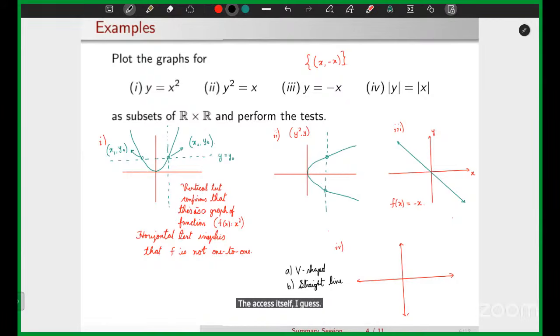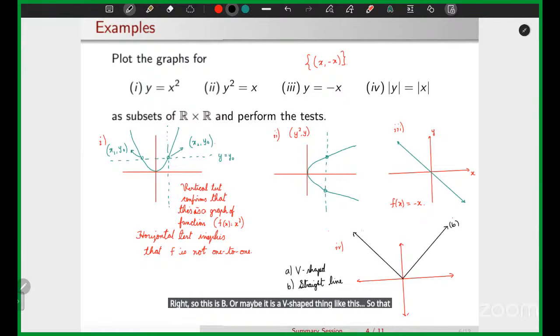A straight line with a slope from 0 to infinity in the first quadrant. So you're saying it is just this. Yes. Right, so this is B, or maybe it is a V-shaped thing like this.